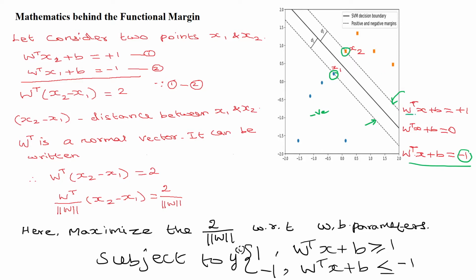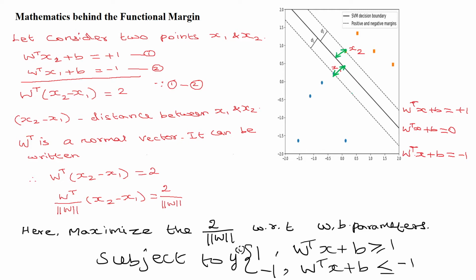Then W transpose X plus B equal to +1 for the positive side, and the decision boundary is always W transpose X plus B equal to 0. The distance between the negative hyperplane and the decision boundary is the negative margin, and this distance is the positive margin.